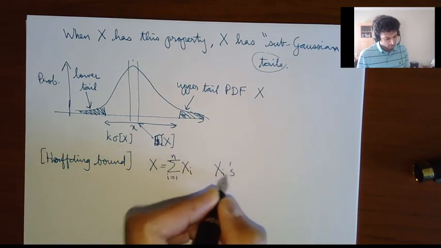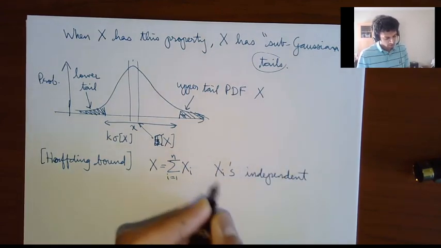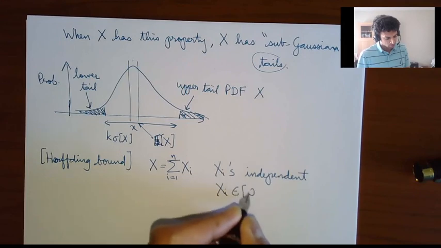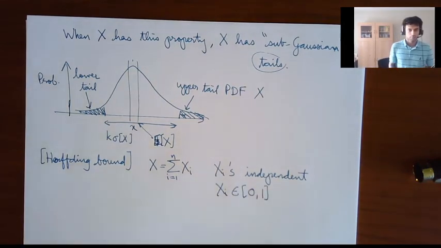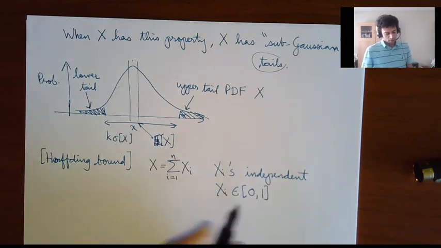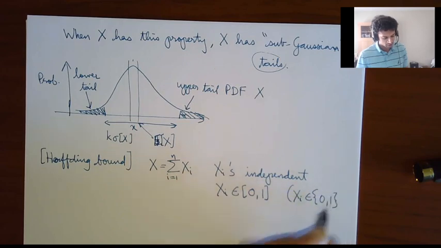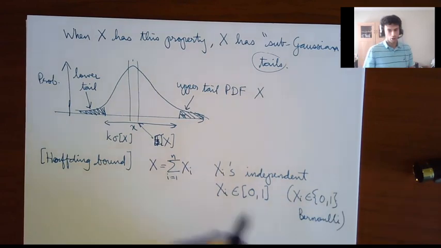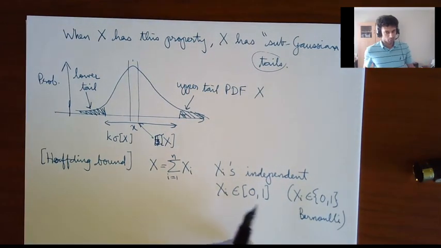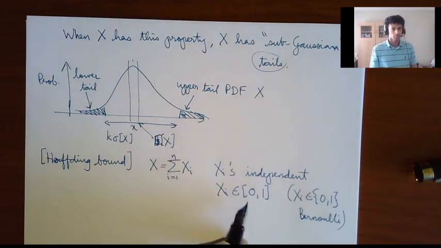The xi's are independent, and xi is between 0 and 1. If xi was either 0 or 1, it would be called a Bernoulli. But all I need is the fact that the xi's are bounded between 0 and 1. I need no more information about the distribution within this. I'm given that the xi's are independent.